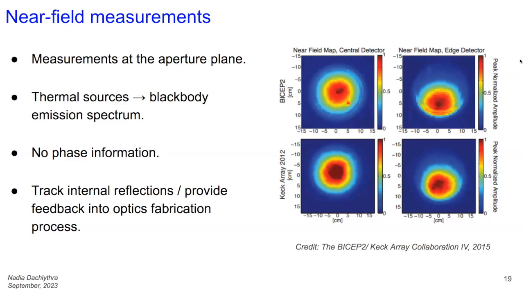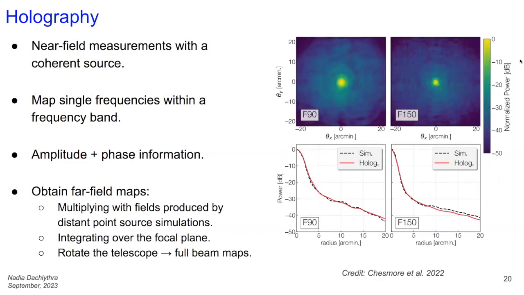And then if you go to the edge of your focal plane, you might actually have the focal plane being illuminated asymmetrically. And this will result in some degree of ellipticity of your beam, which, as we said, can also be problematic. So we need those measurements to give us future references about how to construct our optical setup better. And then we go to the last category, which is the holography we talked about before.